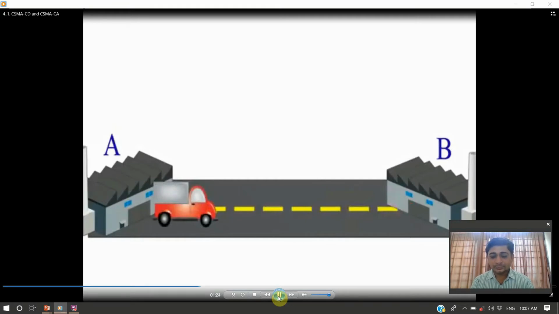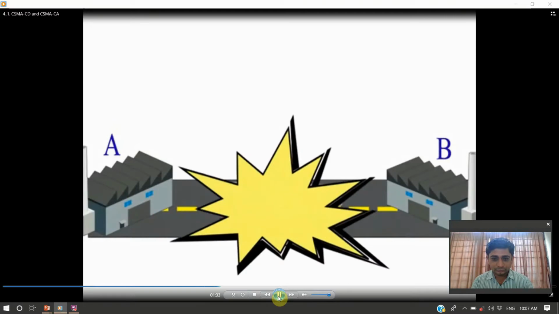What may happen is that warehouse B could also have sent their shipping truck at the same time, and this would lead to a collision. The warehouses have the ability to detect any collisions on the road, and thus they will know if their trucks have collided.